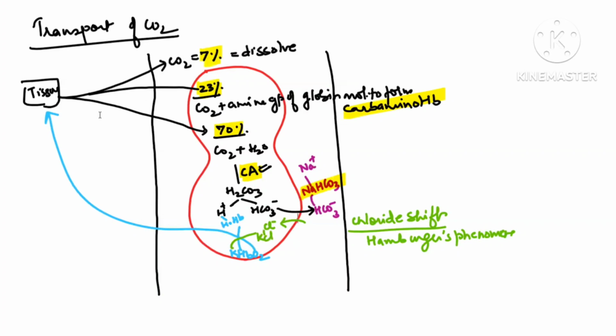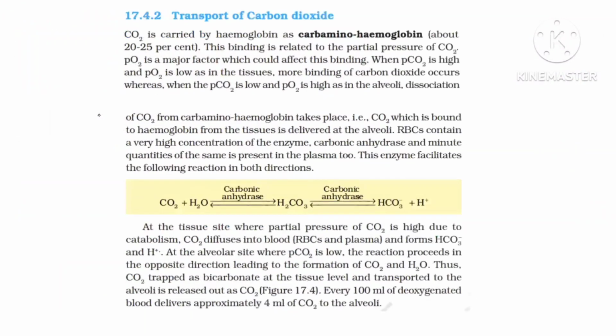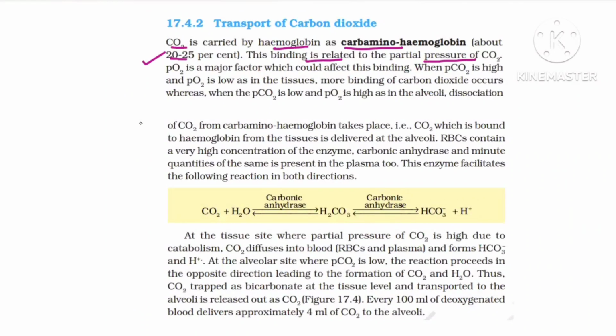Now we will see the theory. See the NCERT. Carbon dioxide is carried by hemoglobin as carbaminohemoglobin, nearly 20 to 25%, and it is related to the partial pressure of carbon dioxide. Partial pressure of oxygen is the major factor which will affect this binding.